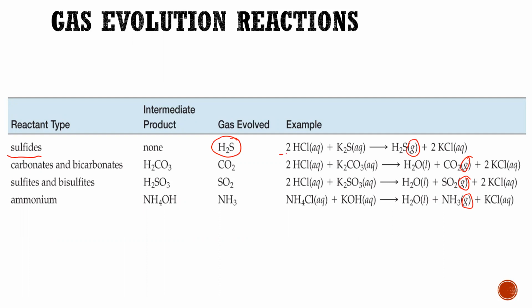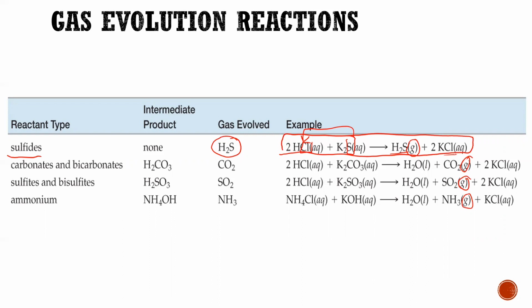And it's very easy to categorize this as a double displacement because, like we did in the double displacement reactions, we have two compounds and they switch partners, remember the do-si-do, and result in two new compounds. So the sulfide switches with the chloride, producing the hydrogen sulfide gas and the potassium chloride.